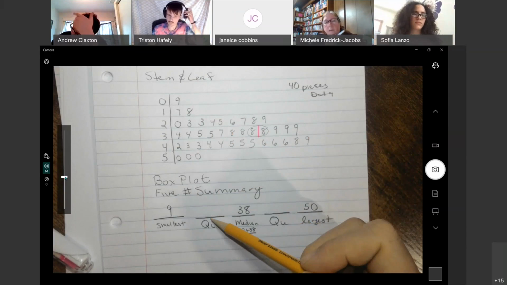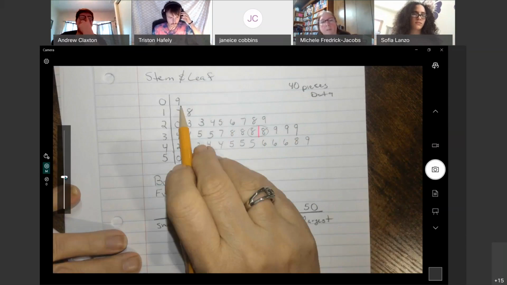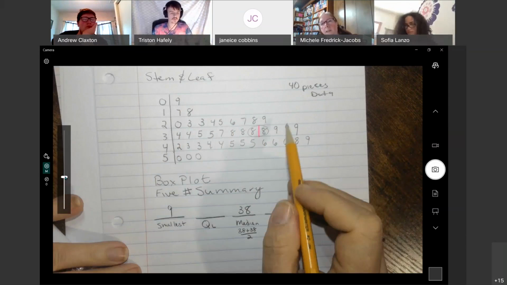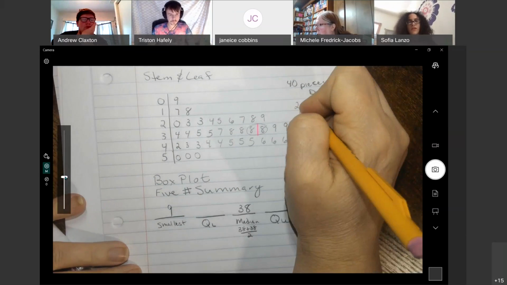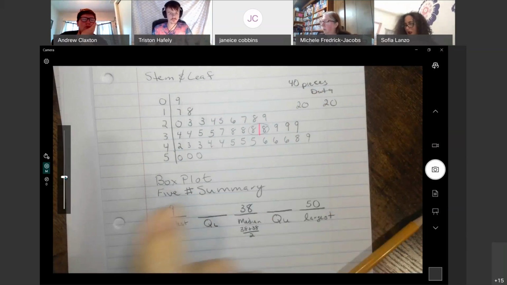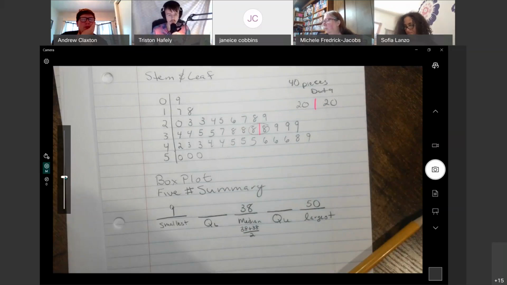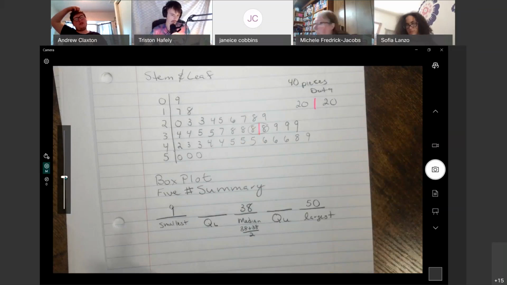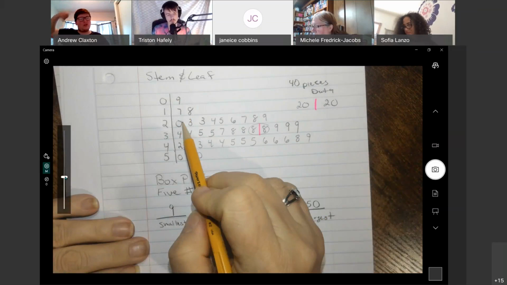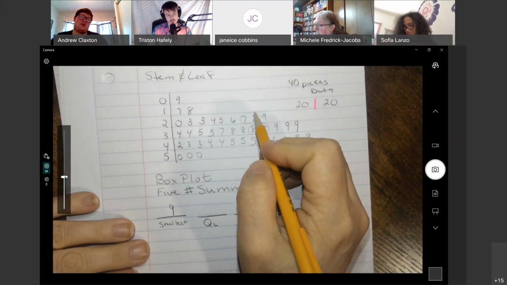So we look at the lower quartile, you start from where my pink line is, everything below it, you find the middle. Well, if we cut this in half, that means 20 on each side. So we're splitting the 20 in half, which would mean 10 and 10. 1, 2, 3, 4, 5, 6, 7, 8, 9, 10. So it's going to be between here.